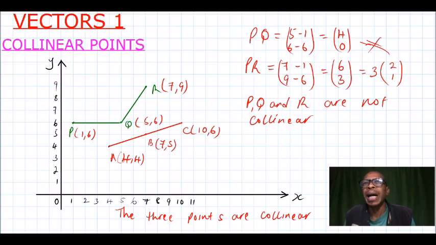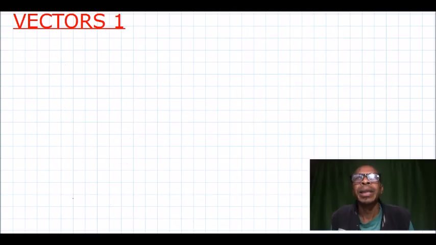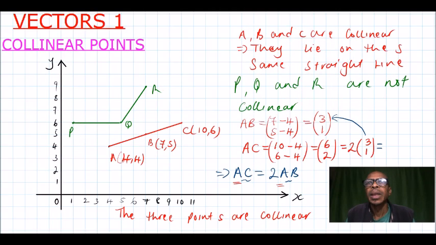If we go back to our question here, you can see we have expressed AC as a scalar multiple of AB. Remember what we said about the scalar multiple. 2 is a scalar. That is why we concluded that A, B, and C are collinear.